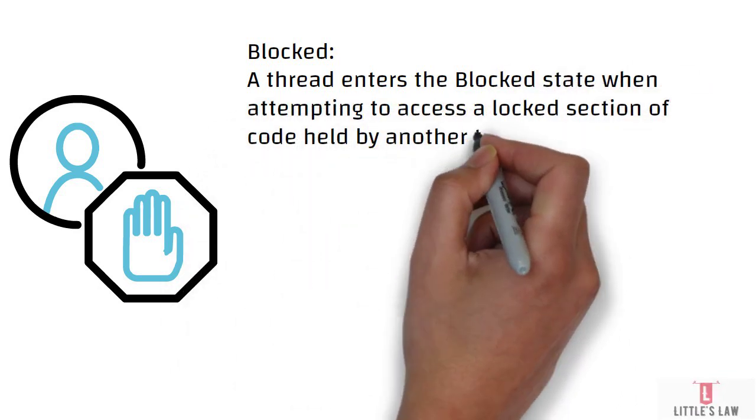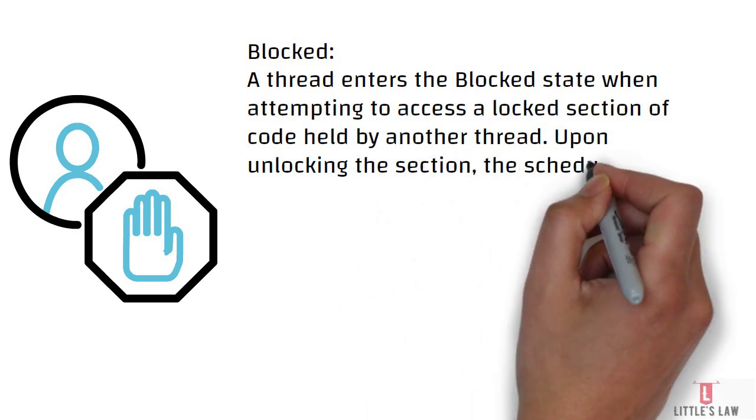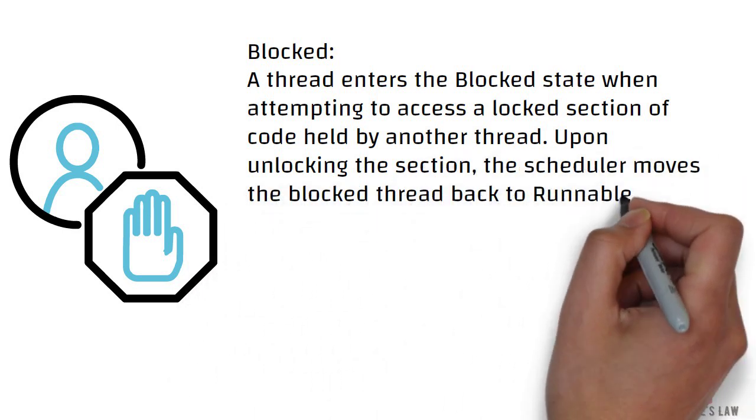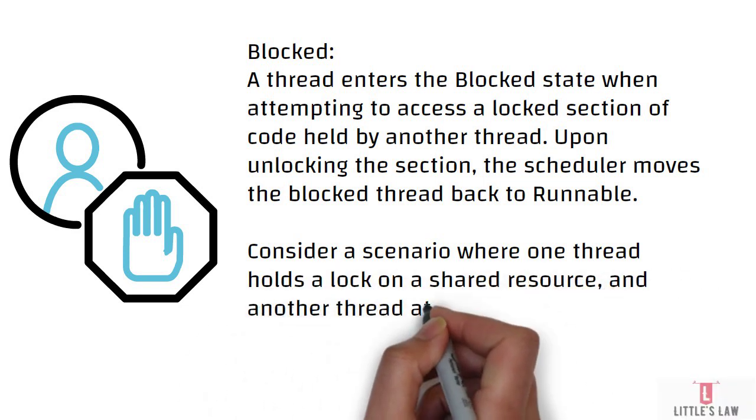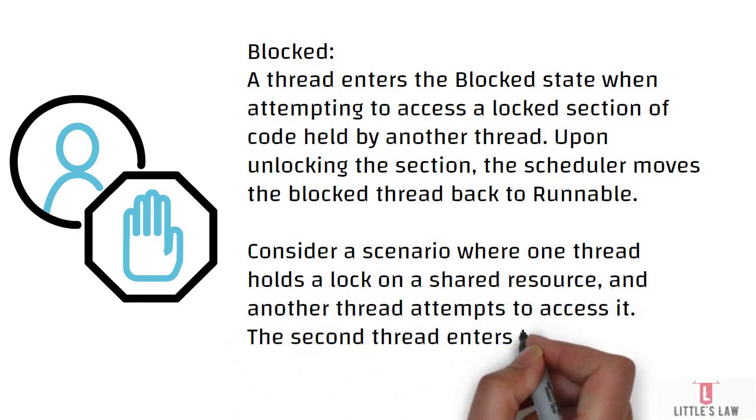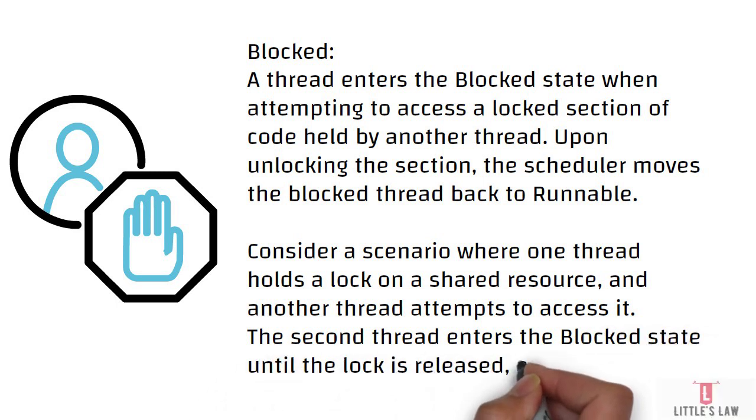So when it is trying to access it, it gets into the blocked state. Upon unlocking the section, the scheduler moves the blocked thread back to runnable, which is the second state.